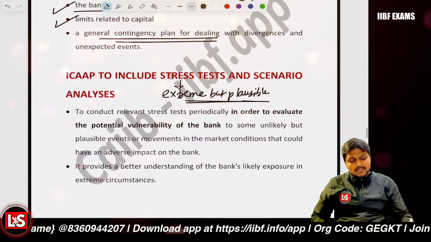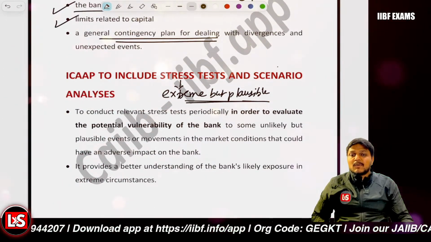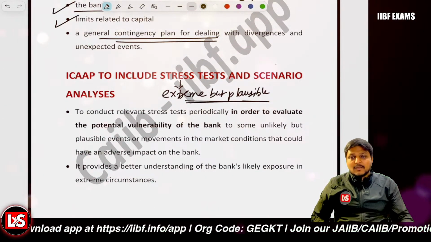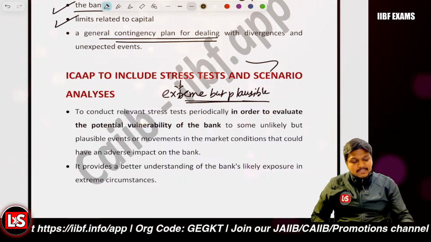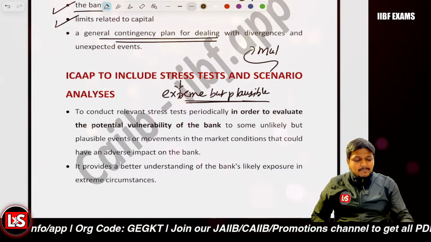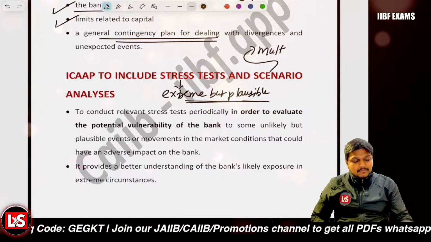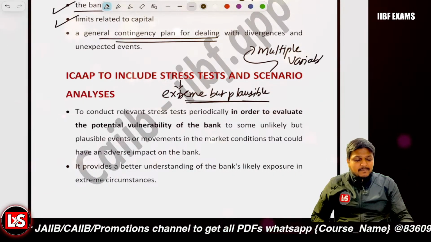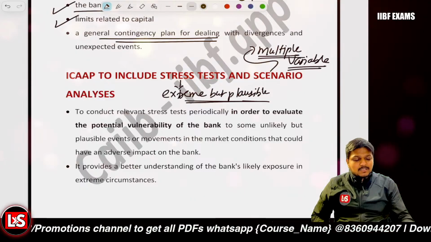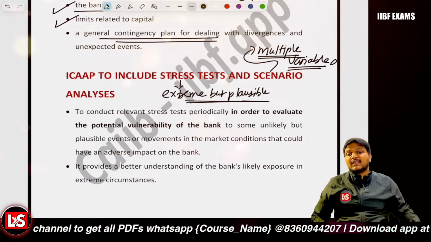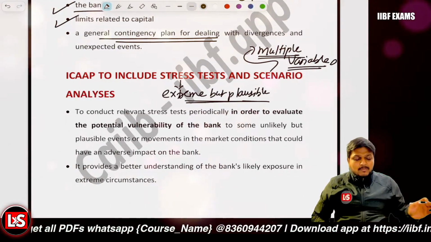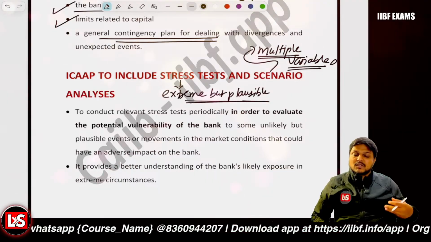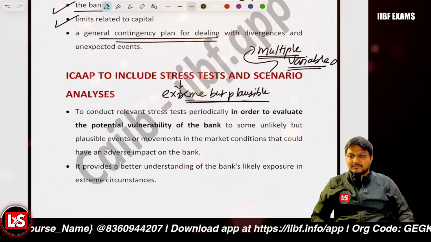And when we are doing the scenario analysis, it's about we are to evaluate the impact of multiple variables. Scenario analysis means when the multiple market parameters or multiple market variables, those are moving simultaneously. So there could be multiple scenarios, lakhs of scenarios, hundreds of scenarios would be there.